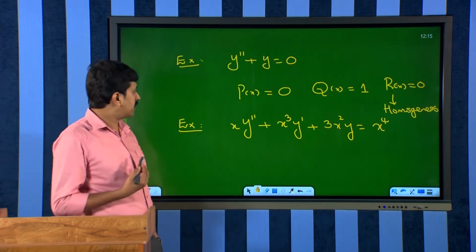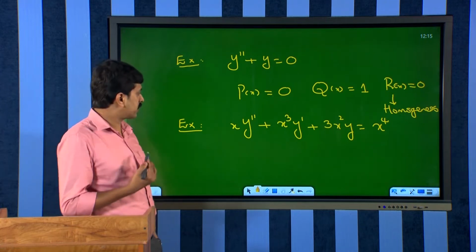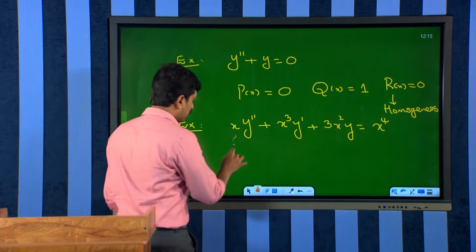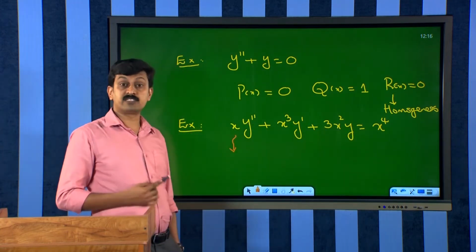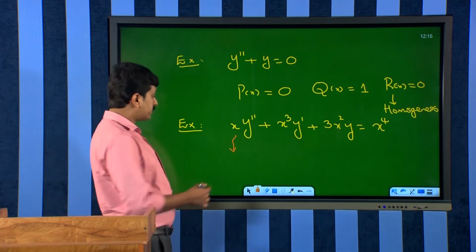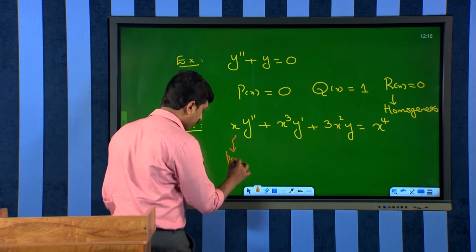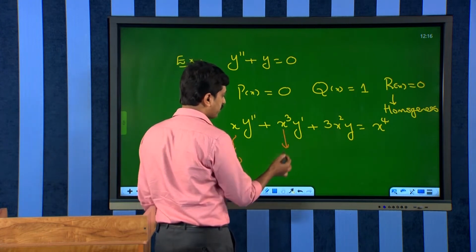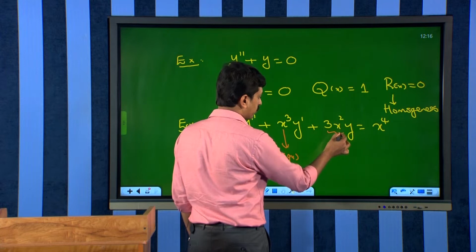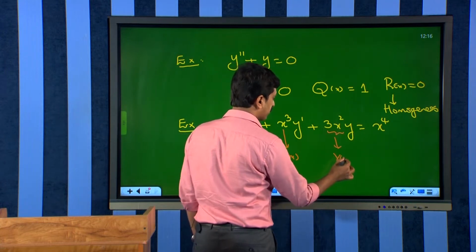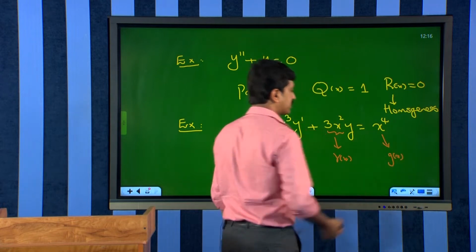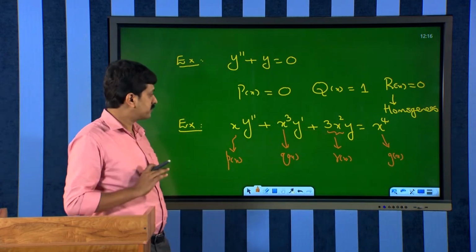While looking at this differential equation, we understand that there is a coefficient function for y double dash, a coefficient function for y dash, and a coefficient function for y, and finally we have x raised to 4 as the right-hand side function g of x.